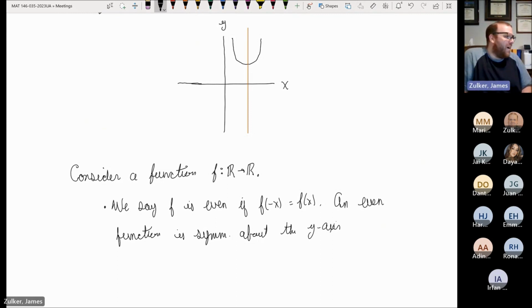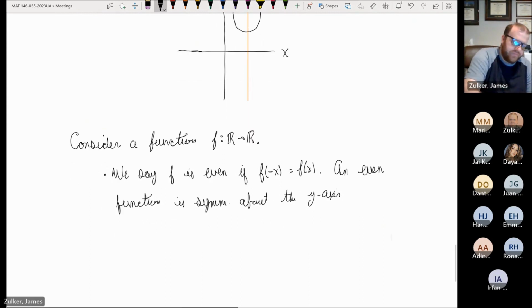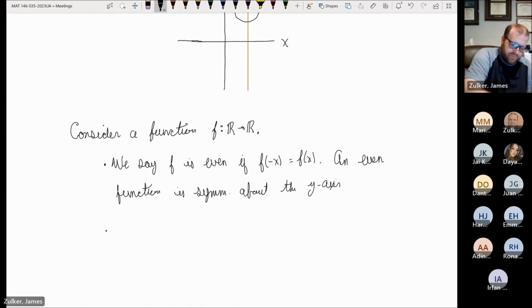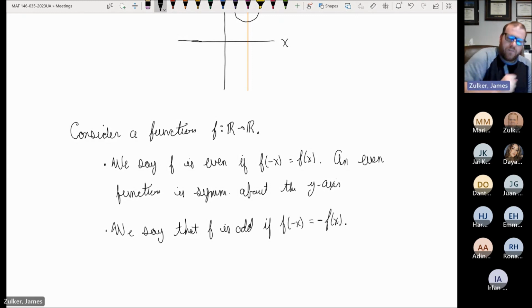Even functions have y-axis symmetry. We say that f is odd if f of negative x equals negative f of x.